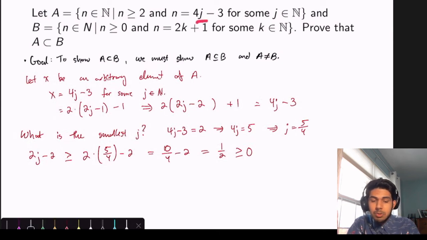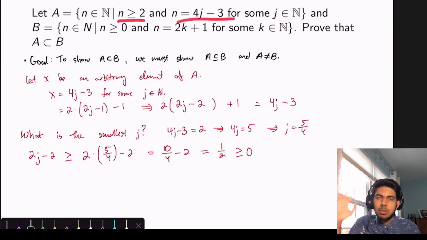If we put j equals 1 into here, we get 4 times 1 is 4, minus 3 is 1, so n equals 1. But that doesn't follow this n is greater than or equal to 2. So that value of 1 is not in the set A. Similarly, for j equals 0, we'll get n equals negative 3. That doesn't hold, so we can't include that either.